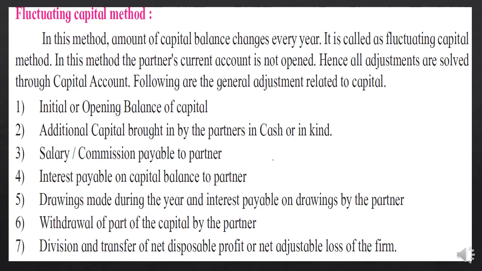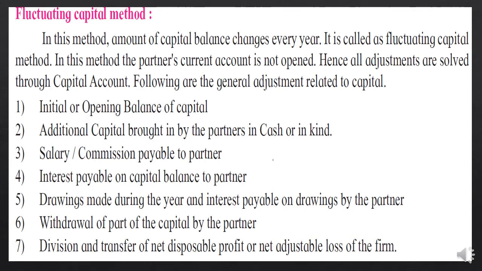In this method, the amount of capital balance changes every year. In the first method we saw that the capital closing balance changes only when the partner brings something. If he has not brought anything, the opening and closing balance of capital will be fixed, and only the current account balance will change. In the fluctuating capital method, the capital amount changes every year, so it is called the fluctuating capital method.